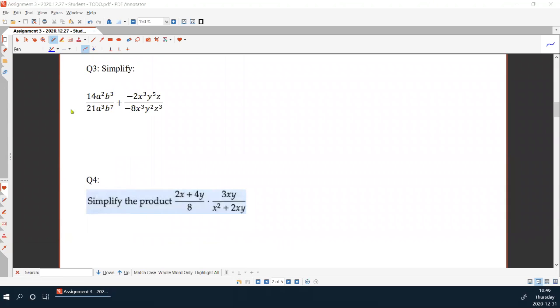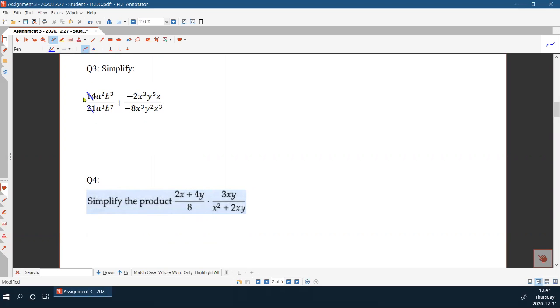This expression has two terms, right? By observation, the first term can cancel some ABs, and the second term can cancel some X, Y, and Z. So let's first try to cancel some ABs in the first term.